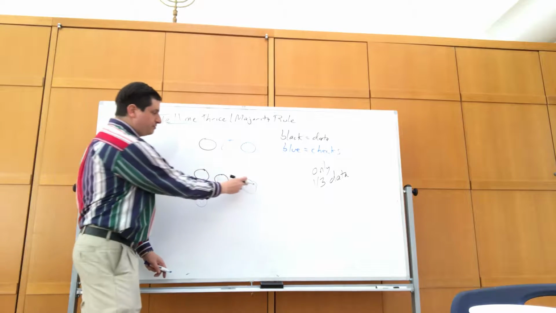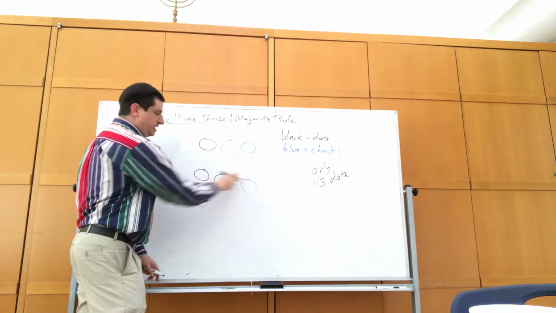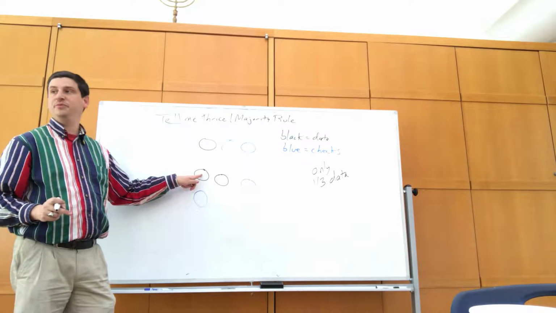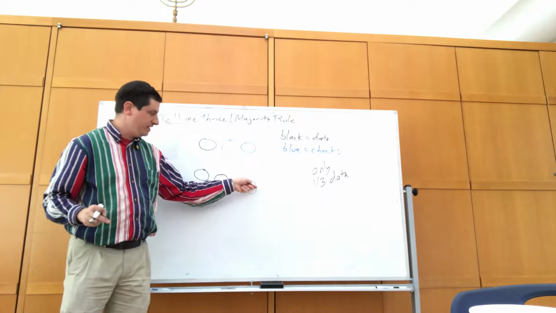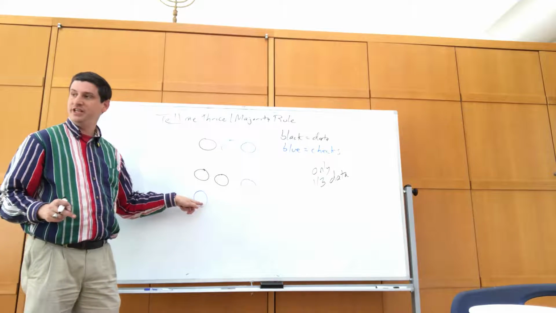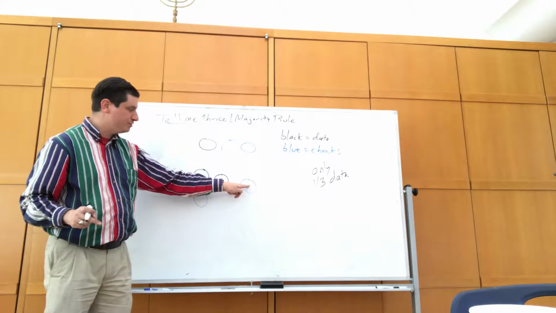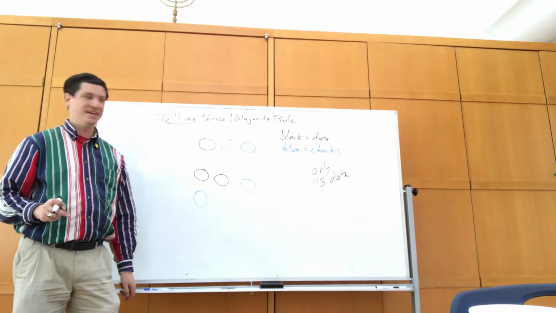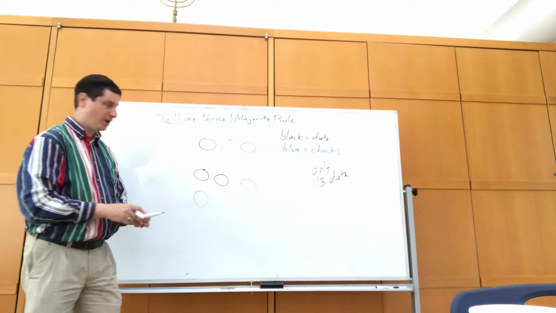So if this is wrong, then I know there's a mistake in here. If this is wrong, I know there's a mistake in here. That will uniquely determine here. If this is right and this is wrong, I know the error is here. But unfortunately, if this is wrong and this is right, then I just know one of these two is wrong. And it doesn't help.